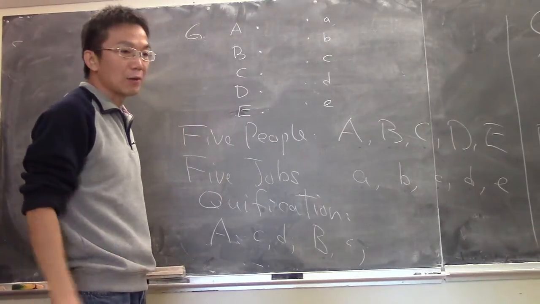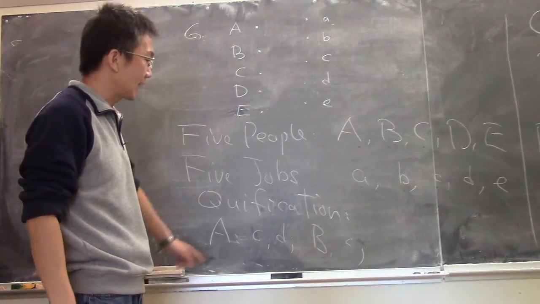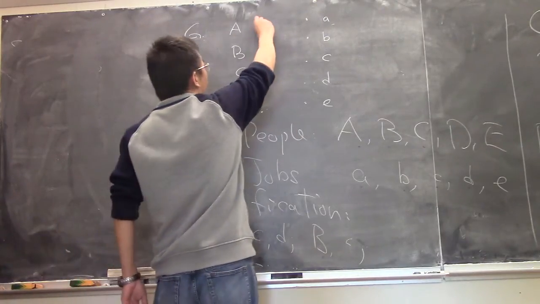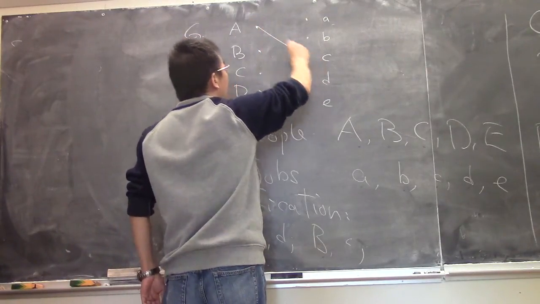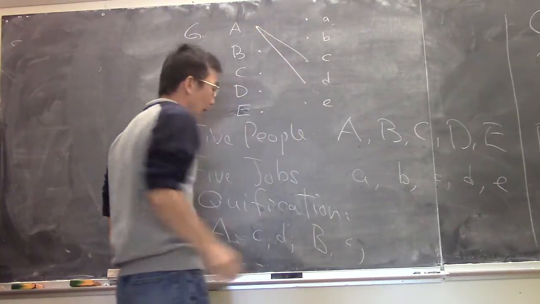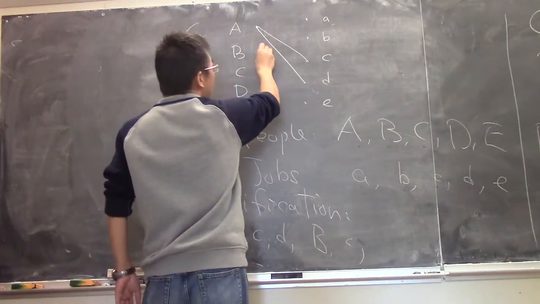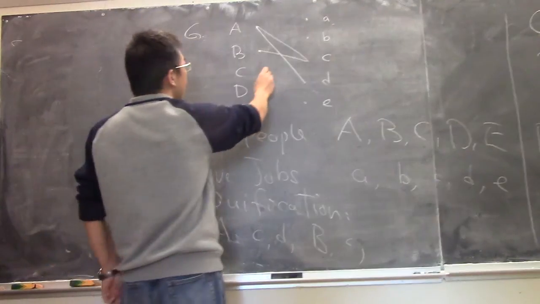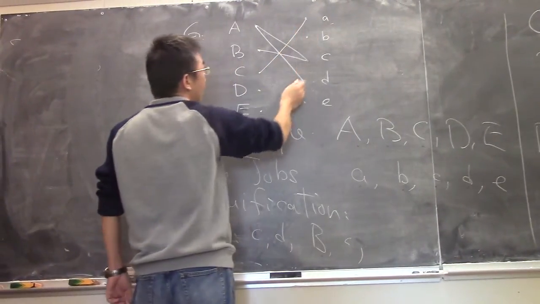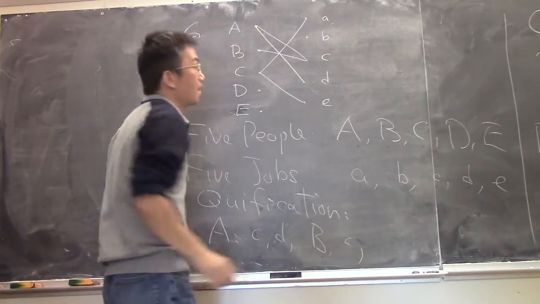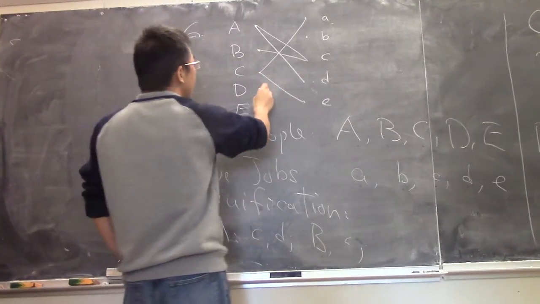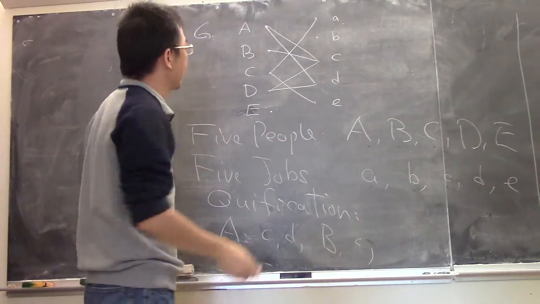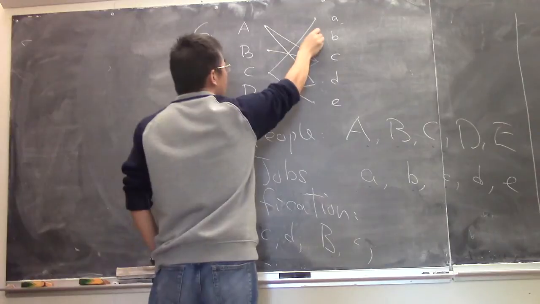And the qualification is realized as an edge, right? So for example, A qualifies c and d. B qualifies c. C qualifies a and e. D qualifies c and d. E qualifies b and e.